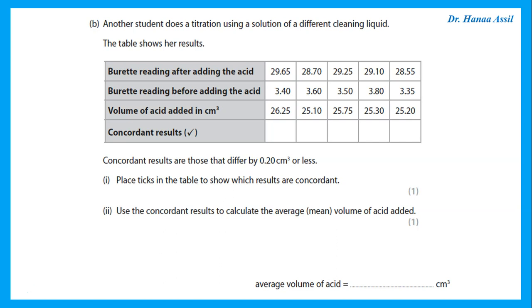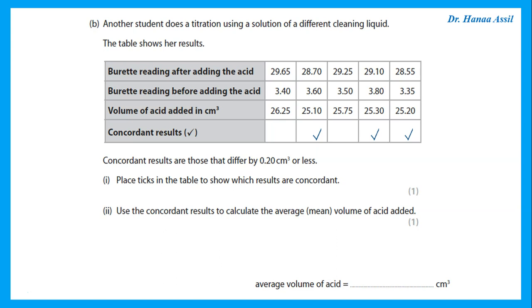And that means I get results that are within 0.2 centimeter cubed of each other. So which of these are concordant? The difference between them has to be 0.2 or less. So the one that says 26 point something is way off. So that is wrong. I am looking at the ones that say 25 point something. So the ones that are concordant are these three. If you look at them, the difference between each two of them is 0.2 or less.